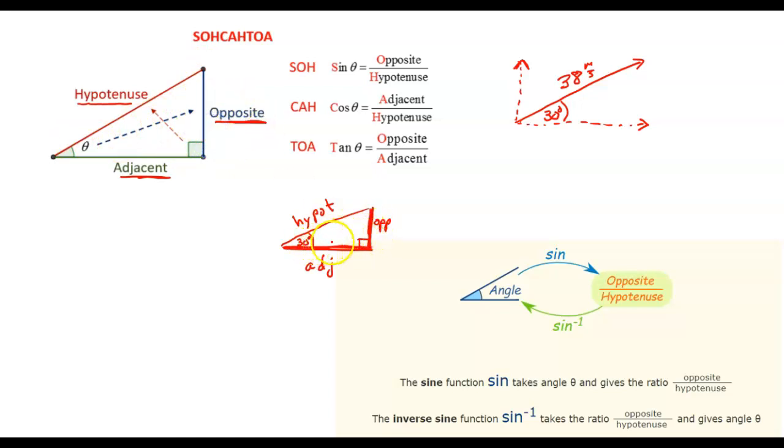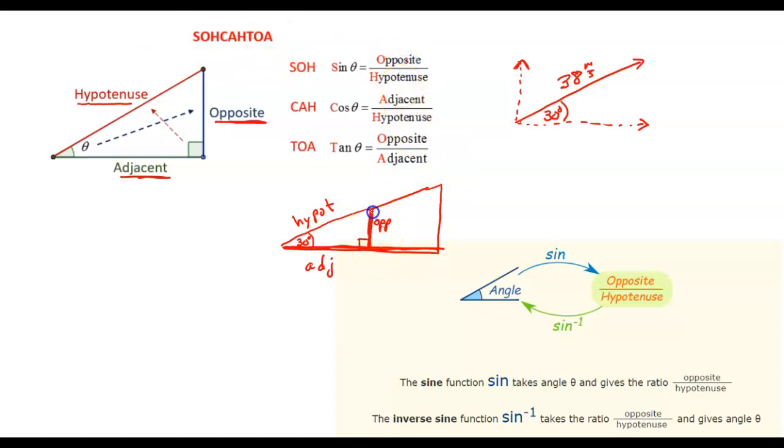The basic idea is that I could make this triangle larger or smaller, as long as I keep the 30-degree angle. The ratio of the sides will stay the same, meaning at any angle. Let's do sine for now. Sine is the ratio of the opposite side to the hypotenuse.